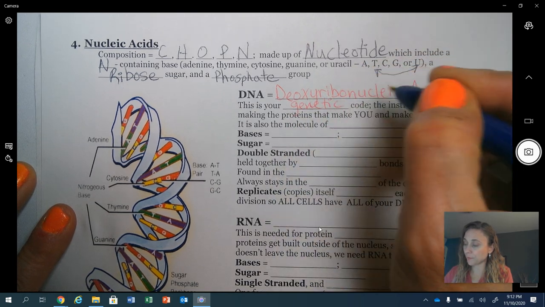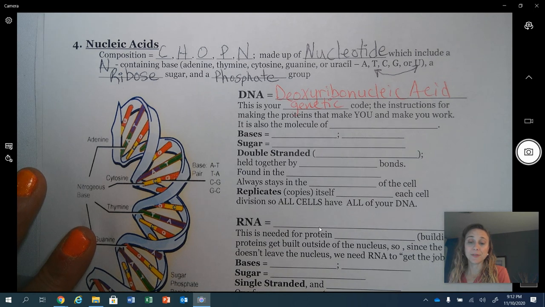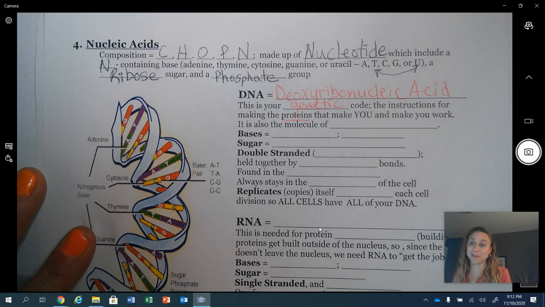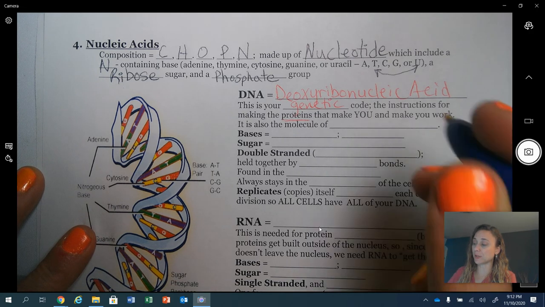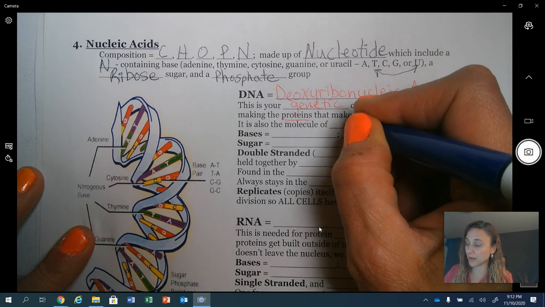This is the core of eukaryotic cells, genetic code as well. Instructions for making the proteins, and as we studied, proteins just do everything else for the most part. And they make your structure, and they make you work. Okay. It's also the basis for the molecule of ATP, which we'll talk about in a second too.